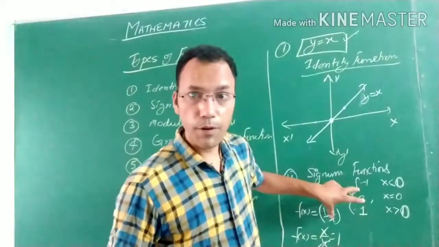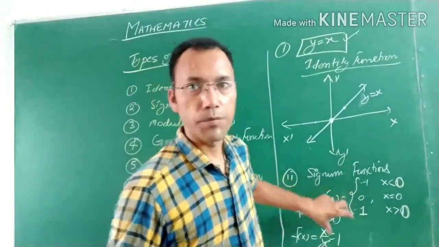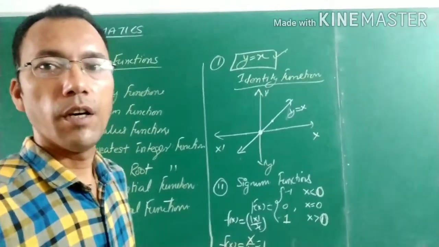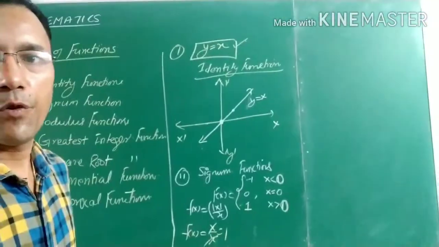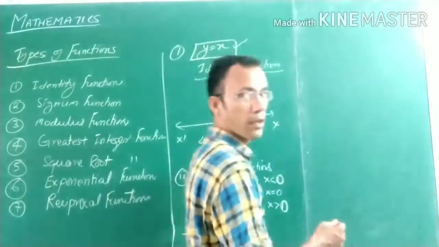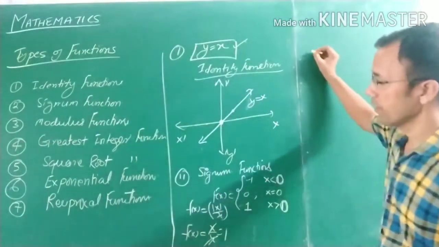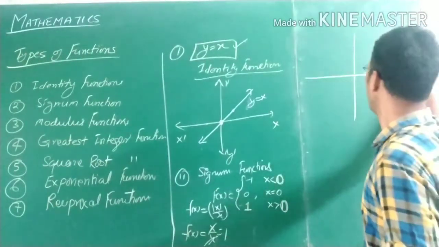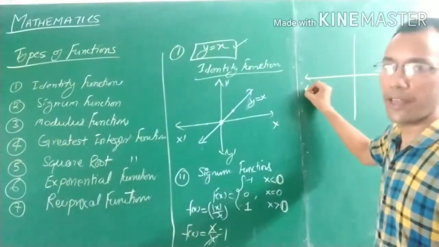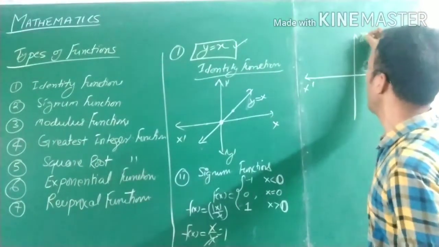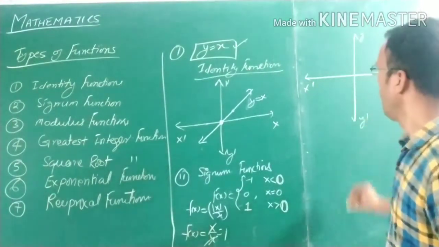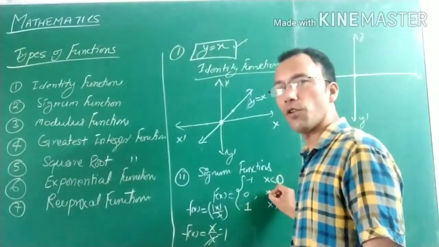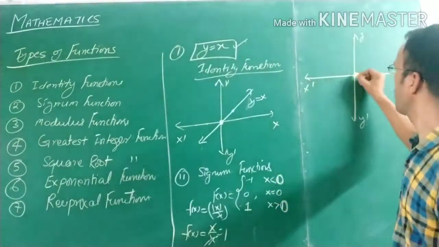Now that function is called the signum function. Let us draw the graph of the signum function. This is the x-axis, x dash, and y and y dash. When x is equal to 0, y is equal to 0.